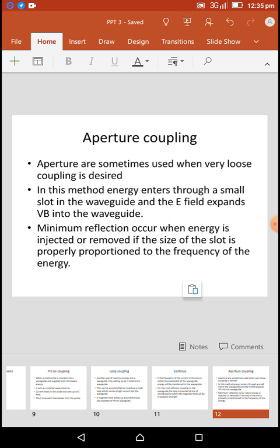The E lines expand first across the slot and then across the interior of the waveguide. Minimum reflection occurs when the energy is injected or removed if the size of the slot is properly proportioned to the frequency of the energy.